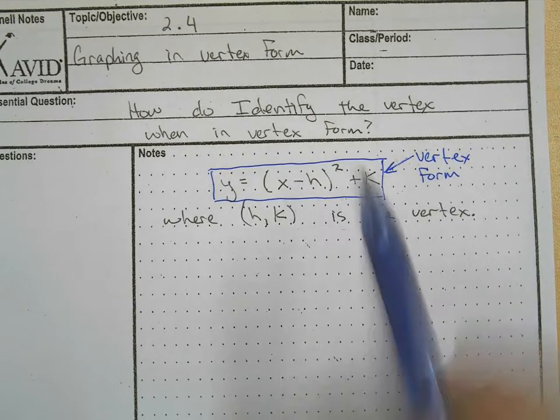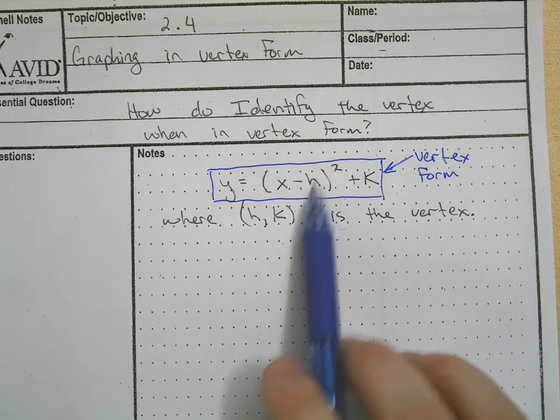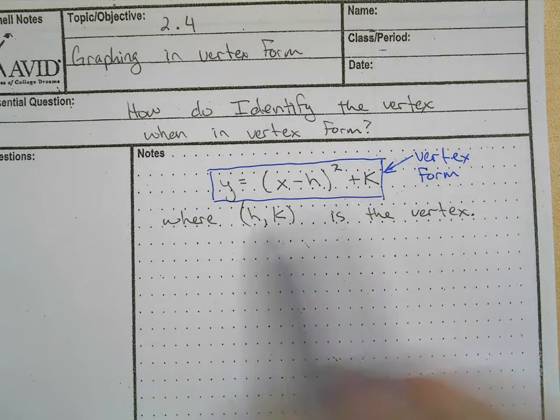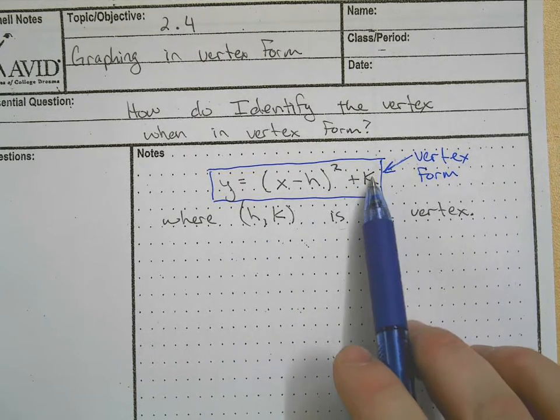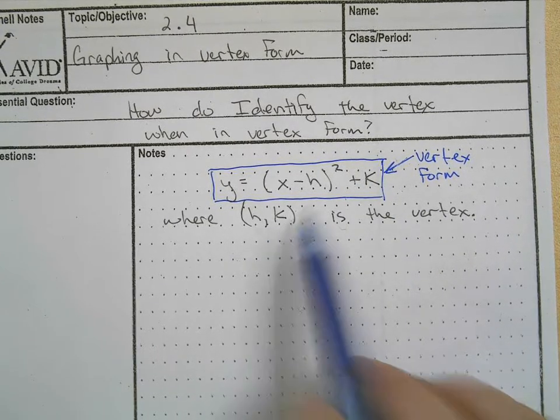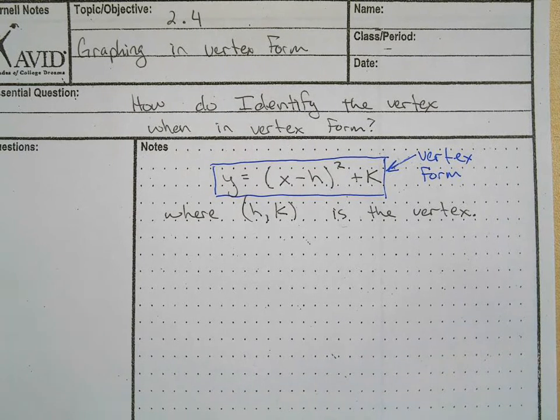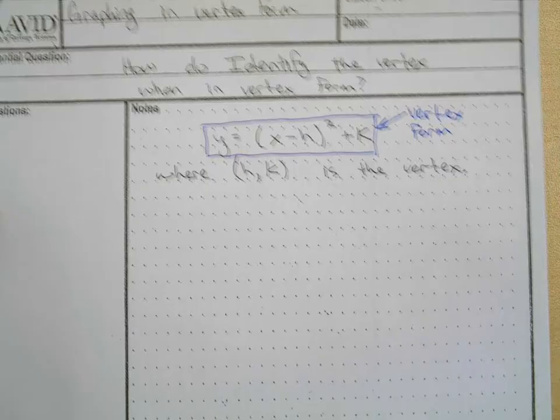And so when it's in vertex form, I just take the opposite of what's inside of here, and that's my x-coordinate, and then I keep this value the same, and that's my y-coordinate. So when we're in vertex form, we can just look at the equation and immediately know what the vertex is.